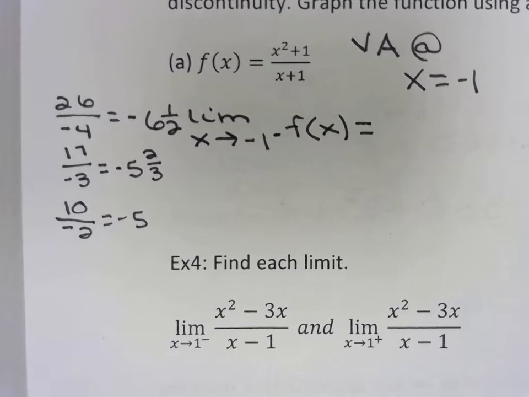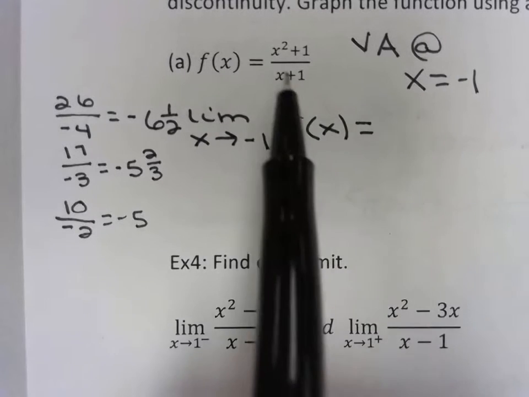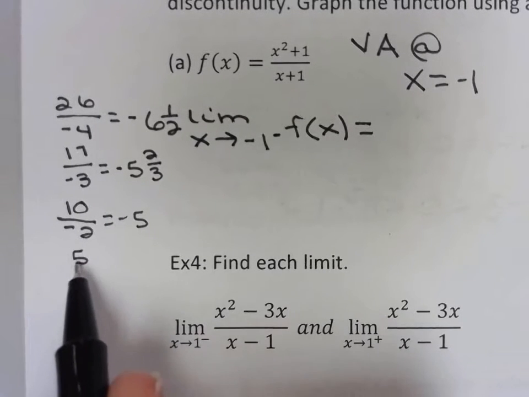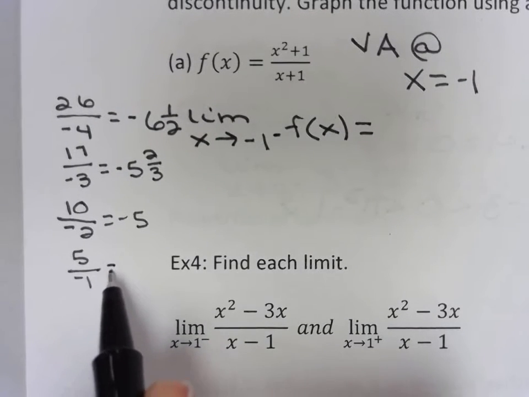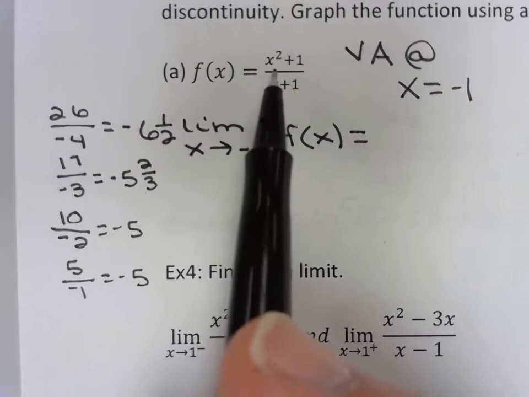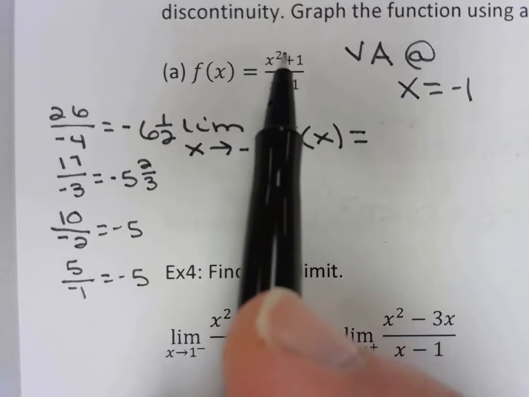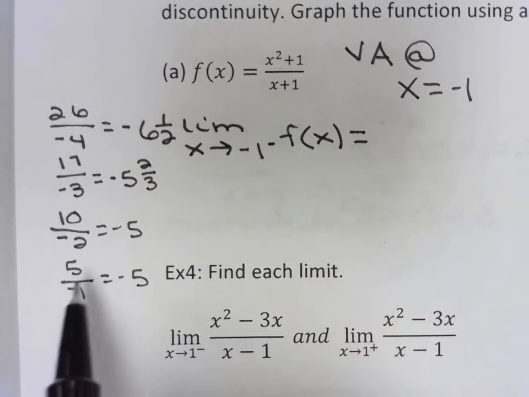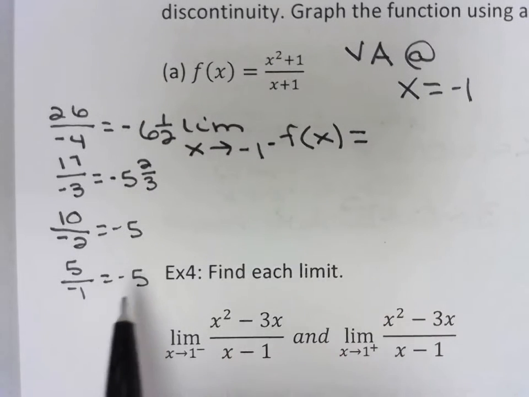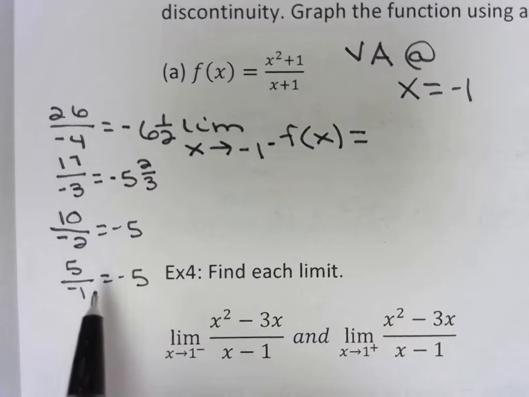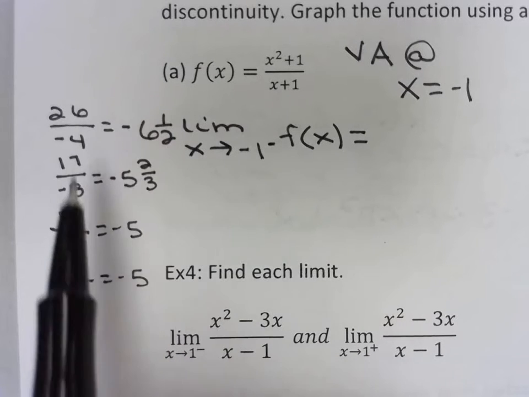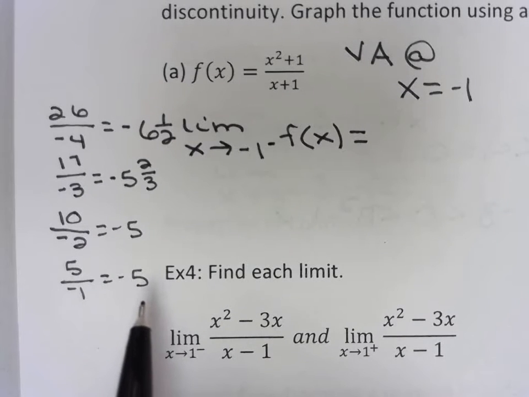As I plug in -2, I have 5 over -1, so I also get -5. So as I look at this, my y values are approaching what?